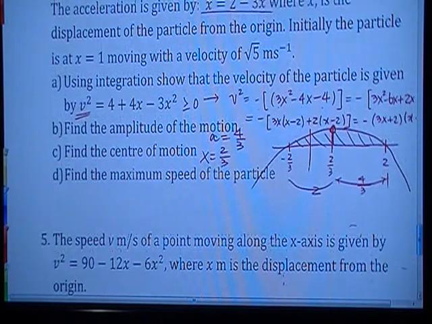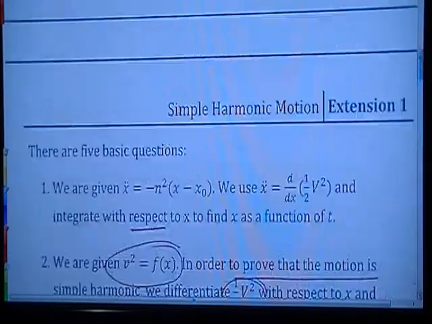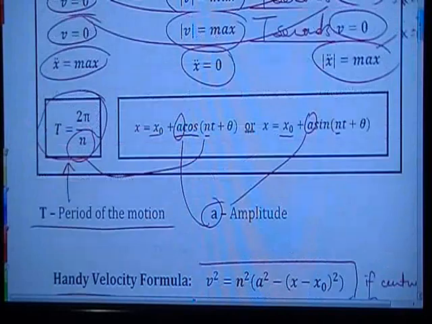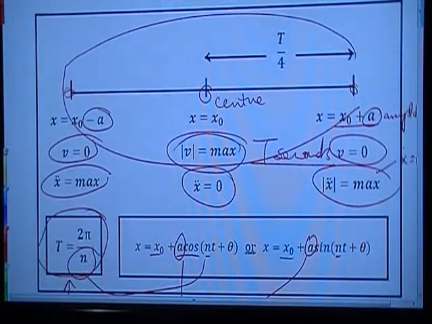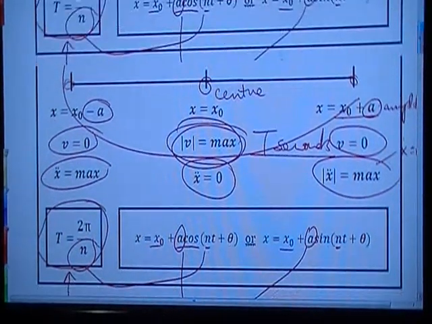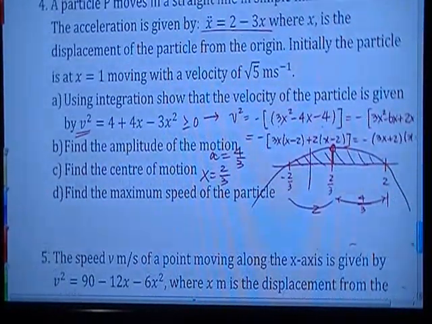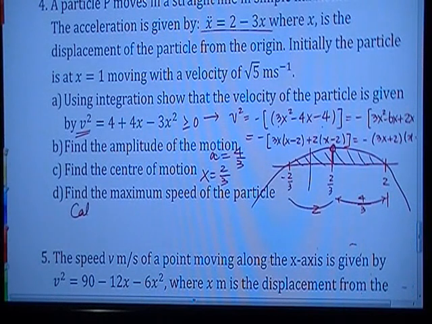Recall that graph that we first went through in the notes? Your max speed is at the center, okay? So we just got to calculate v at x equals 2 on 3.